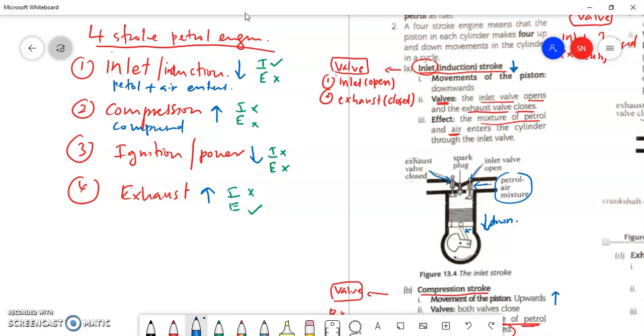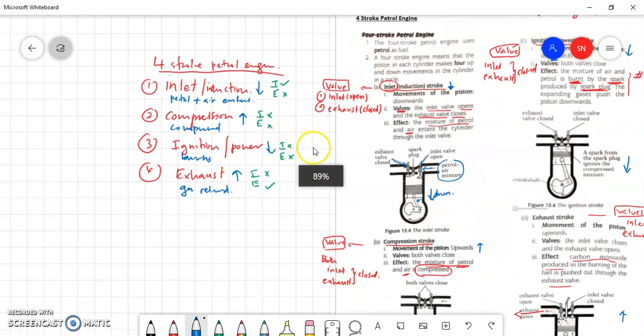Here it is actually ignited or burns. And exhaust, the carbon dioxide, carbon monoxide gas is released. So this is all for the first part, which is the 4-stroke petrol engine.